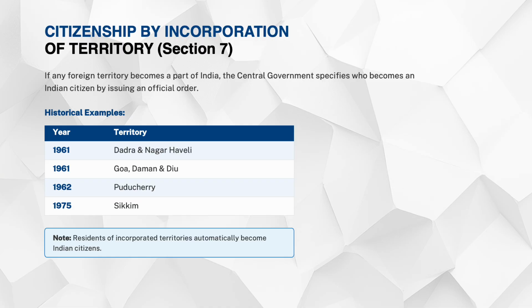After they ceded the territory to India, the Indian government gave the inhabitants of Puducherry the option to either be an Indian citizen or a French citizen. A few of them chose French nationality, which is why the official language of Puducherry even today is French. Okay, not English, not Hindi, it's French.